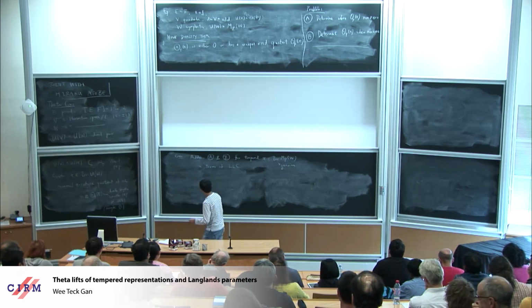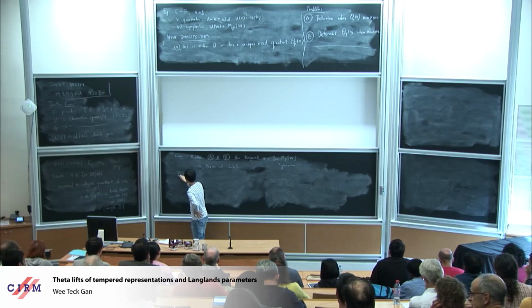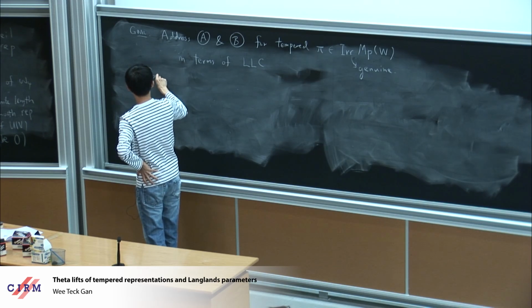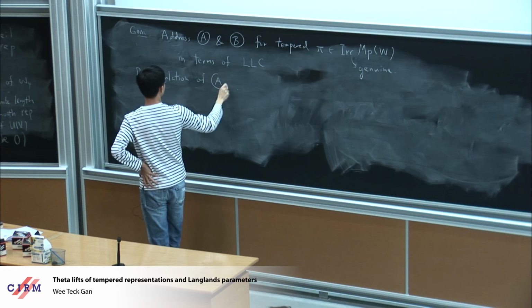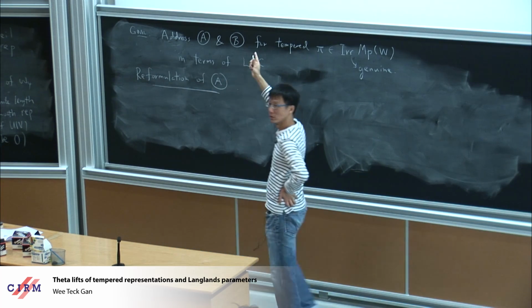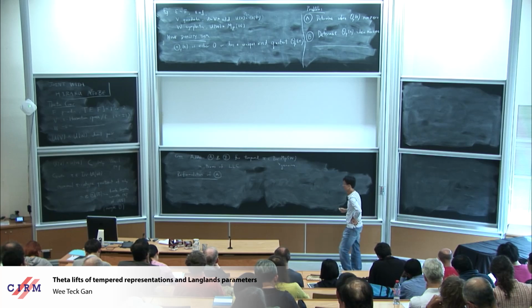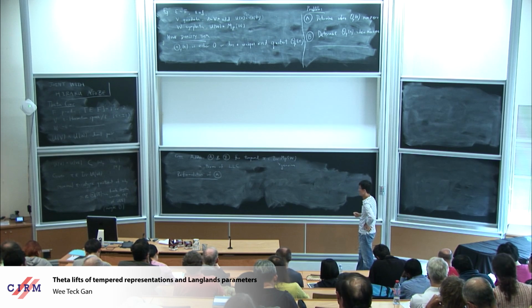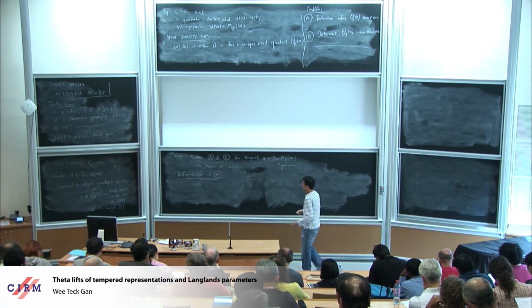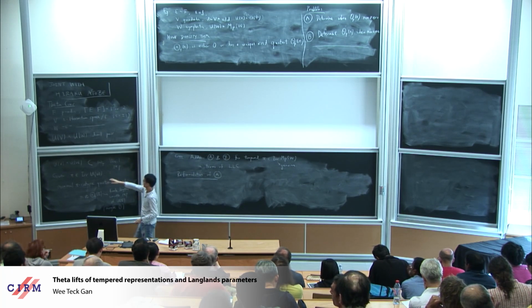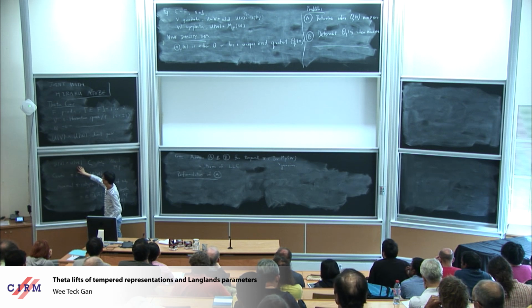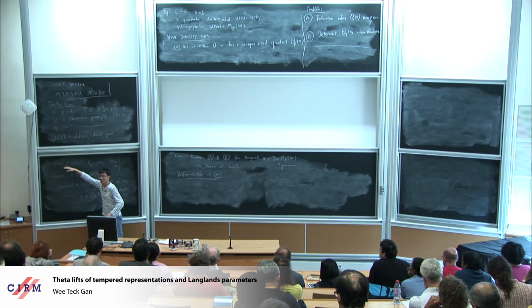Now let me talk about a reformulation of the first problem, which is to decide the vanishing or non-vanishing of the theta lift. Instead of fixing one dual pair, I will fix this W and look at all possible V's.